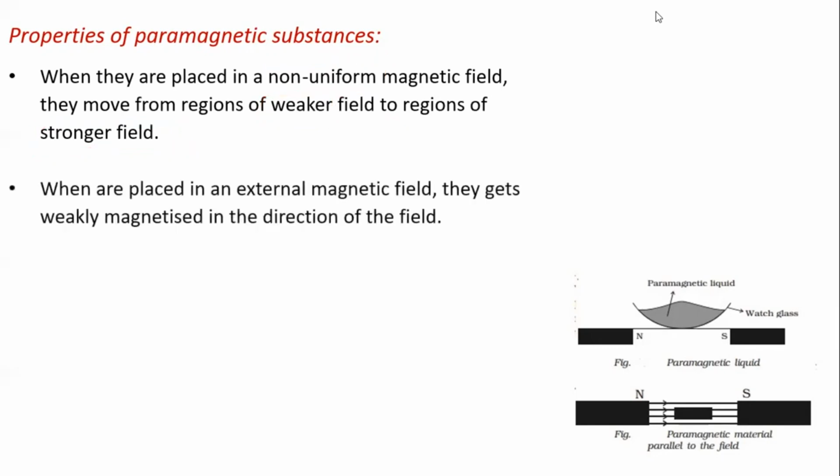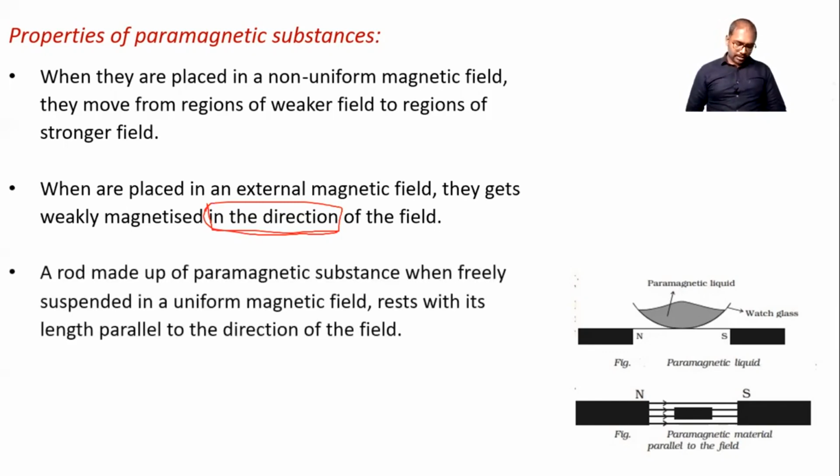Now next property. When they are placed in an external magnetic field, they get weakly magnetized in the direction of the field. So in para, in the direction of the field, but in diamagnetic we learned opposite to the direction of the field.